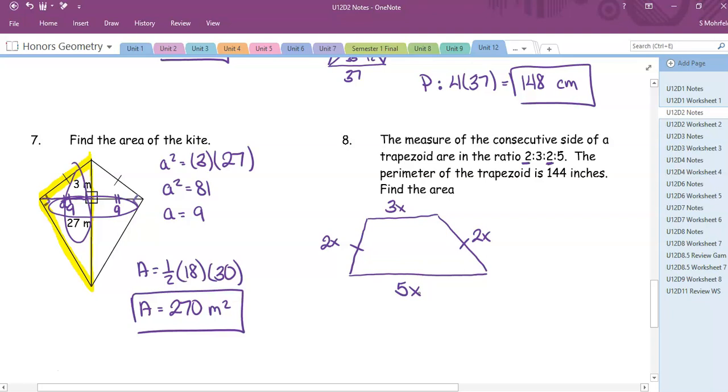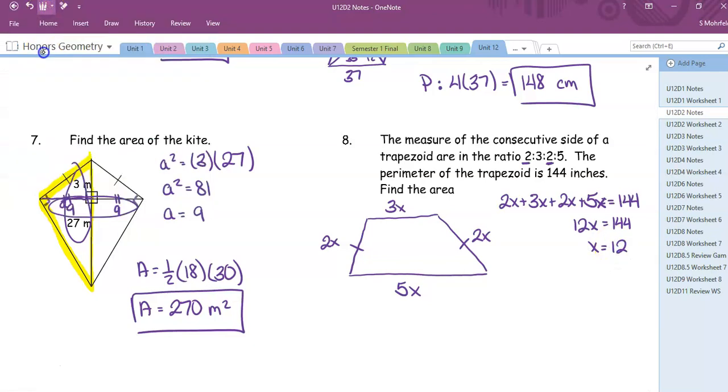And it tells me the perimeter is 144, so what I'm going to do is add all that together, the 2x plus the 3x plus the 2x plus the 5x, and set that equal to 144. What you end up getting is 12x equals 144, and x should equal 12.